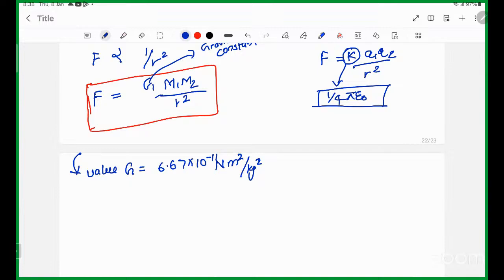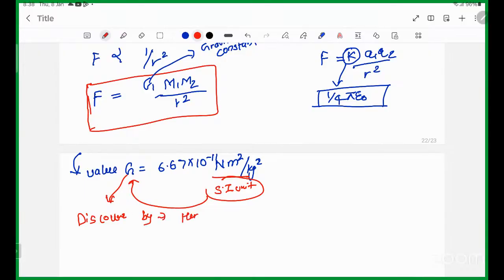This will be its SI unit for the gravitational constant. And this was discovered by the scientist Henry Cavendish in 1798.